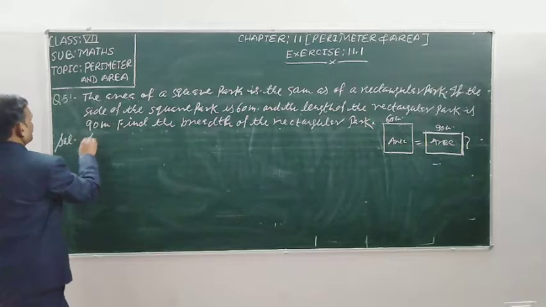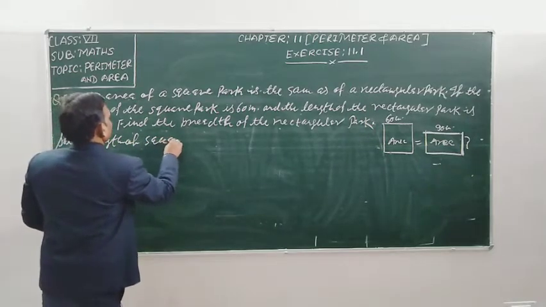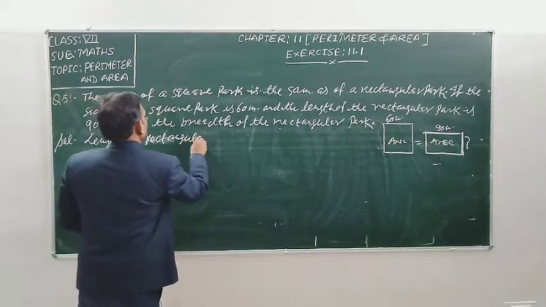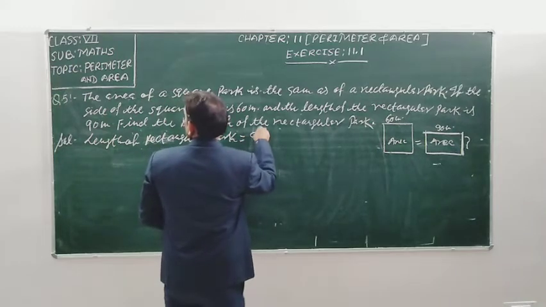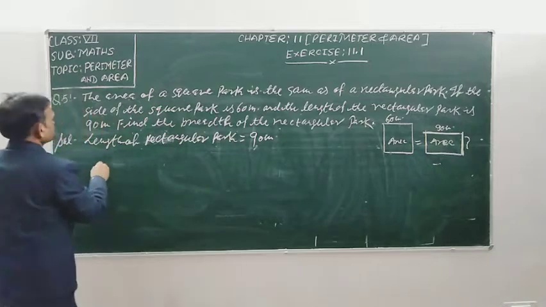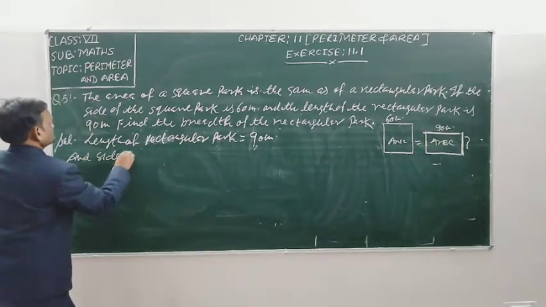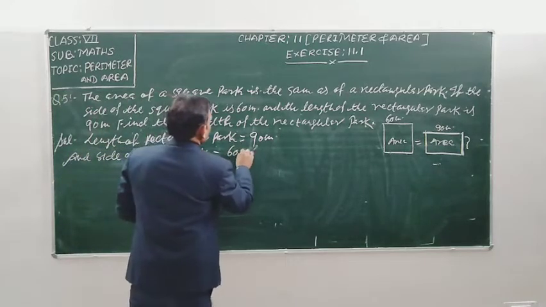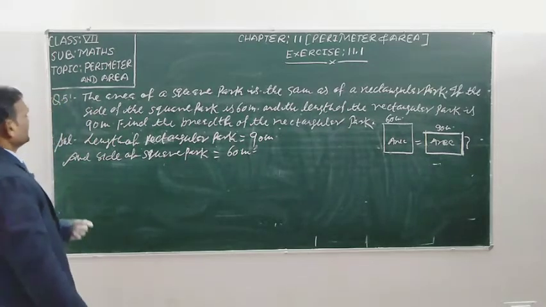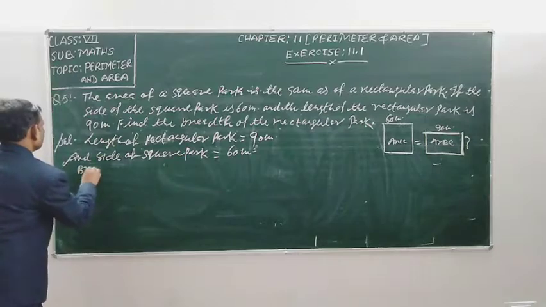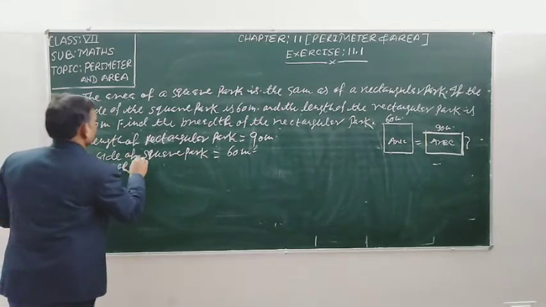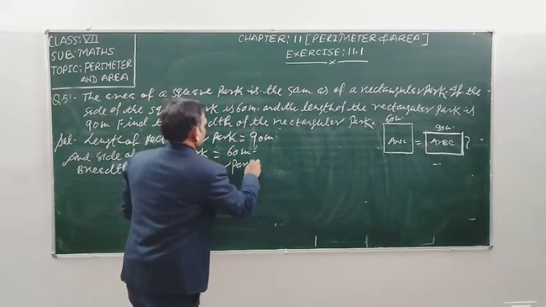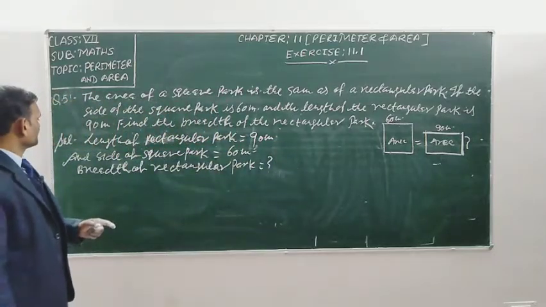Length of rectangular park is equal to 90 meter and side of square park is equal to 60 meter, given, and we need to find out the breadth of the rectangular park, equal to question mark.